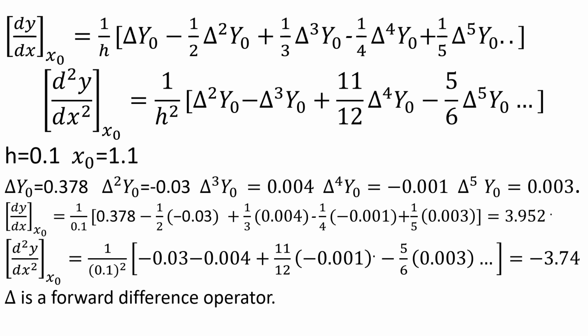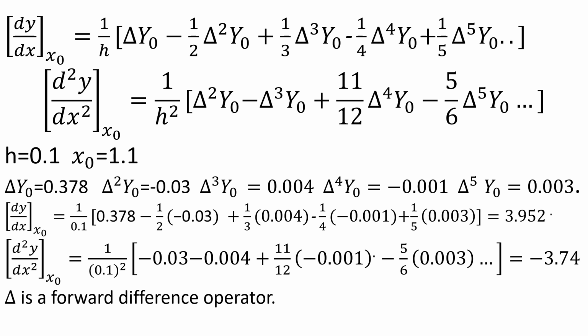So accordingly, dy/dx at x0; I have written x0 because it is at the start. Put 1 by h as 1 by 0.1, then delta y0 and the other values, and the answer is 3.952. For d²y/dx², that is the formula; here we start from delta² y0, then delta³, then delta⁴, and so on.